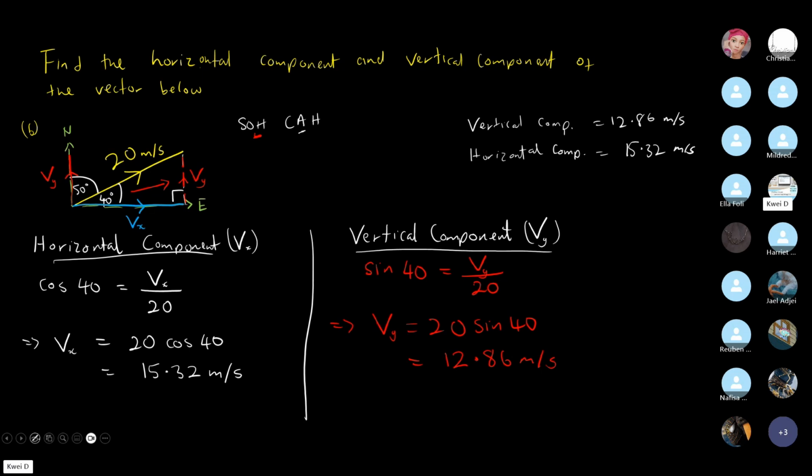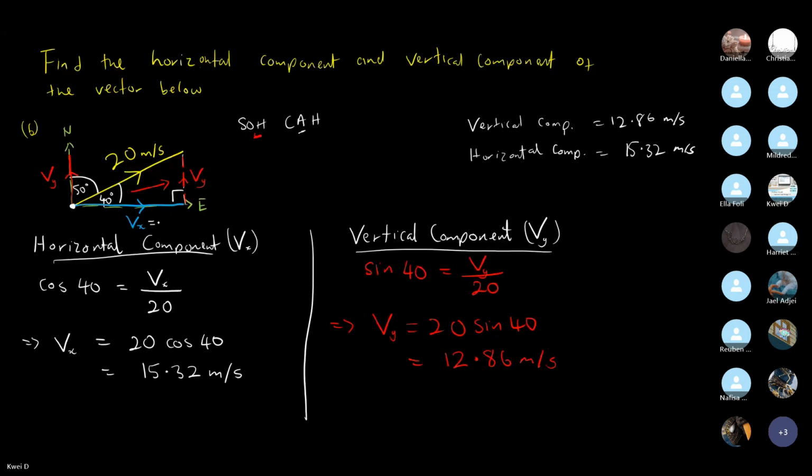So that means that if we have an object at this point moving along the diagonal with a speed or velocity of 20 meters per second, and we can see the angles it makes with the vertical and the horizontal, then if you're observing the velocity along the horizontal component, or towards the east, you see it moving with 15.32 meters per second horizontally.